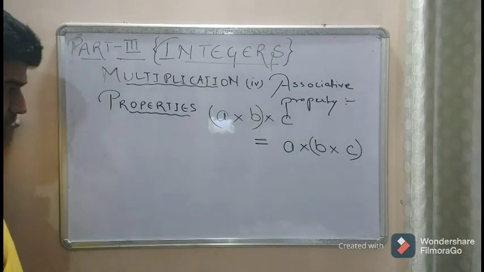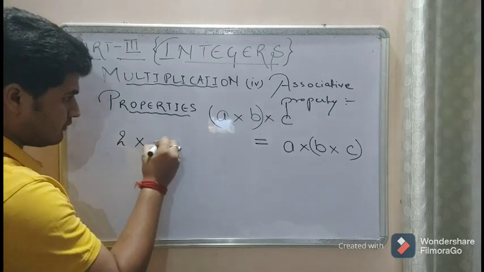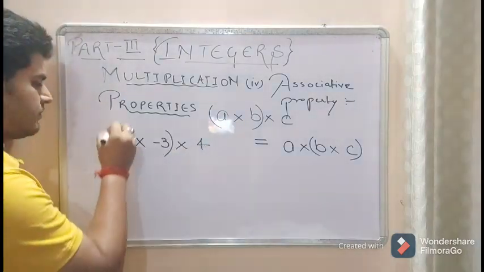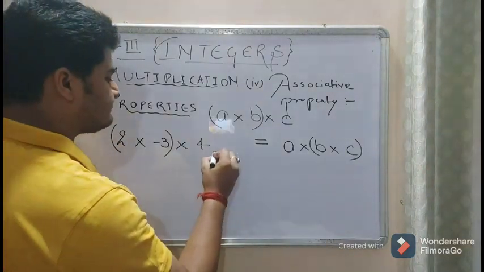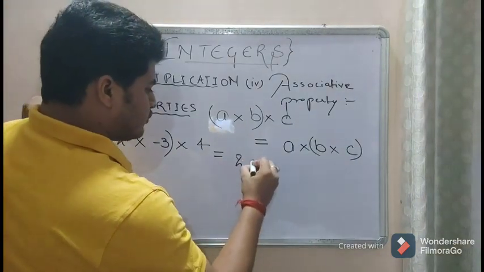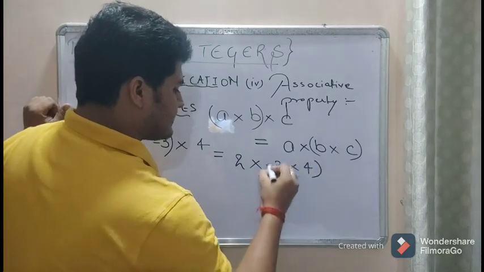Let us see it by an example. Take three numbers, 2, -3, 4. Put a bracket so that we can say that we are going to multiply it first, by BODMAS. Then the same numbers, 2, -3 and 4, place the brackets over here.